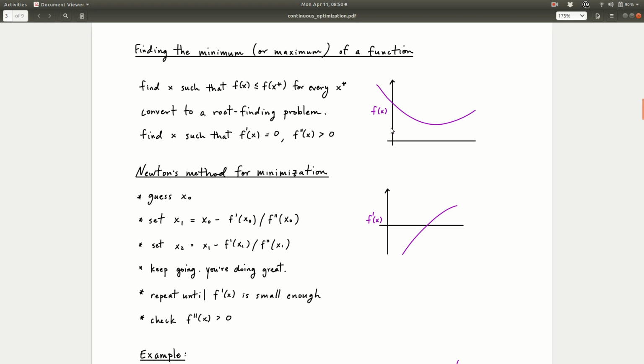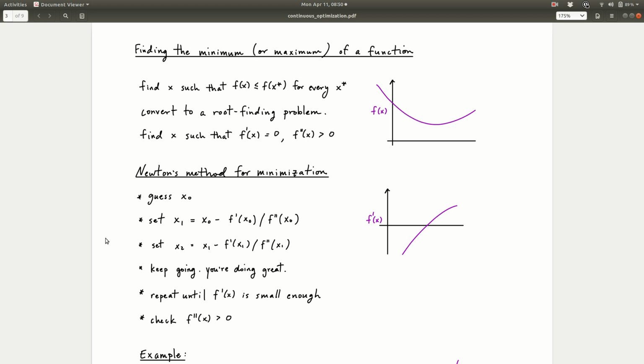So converting f to its derivative might look something like this. And the point at which it reaches its minimum is the point where the derivative is 0, which is right here.